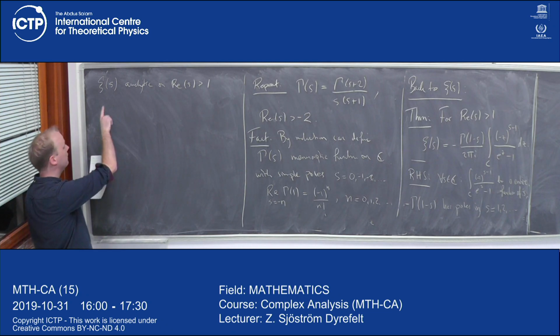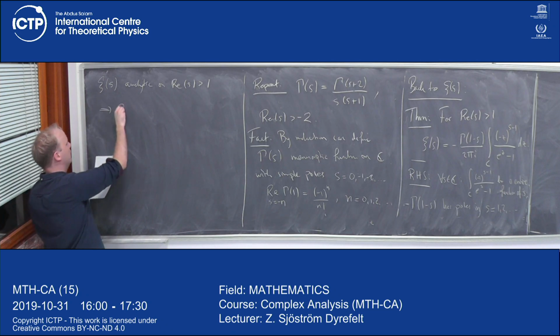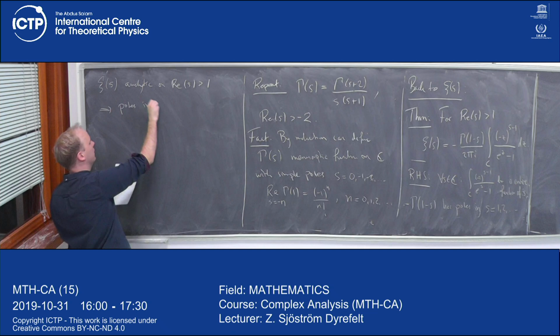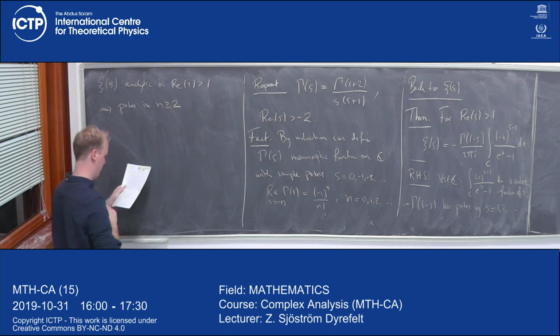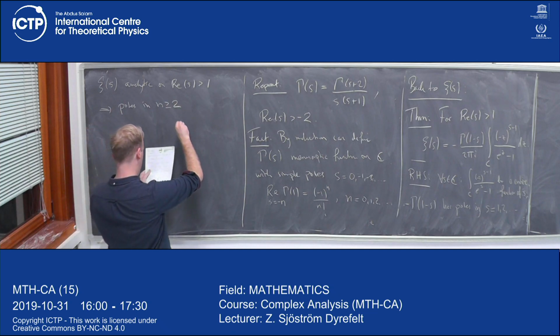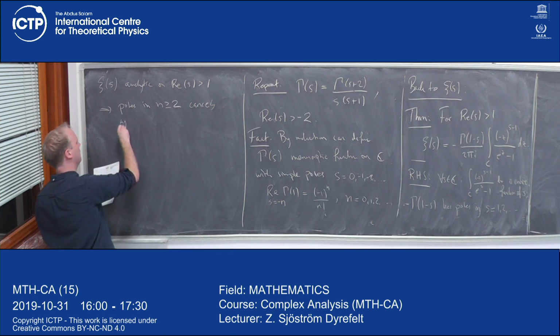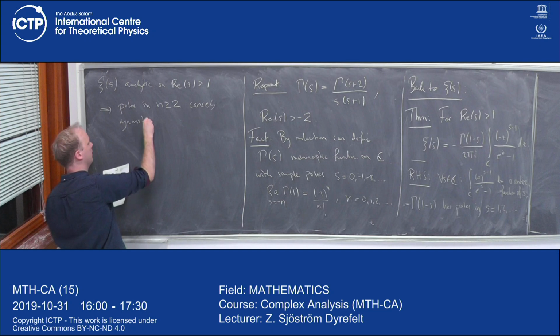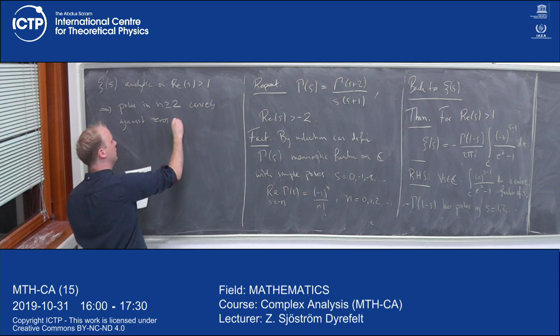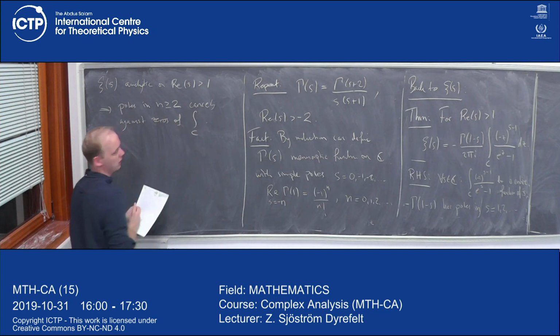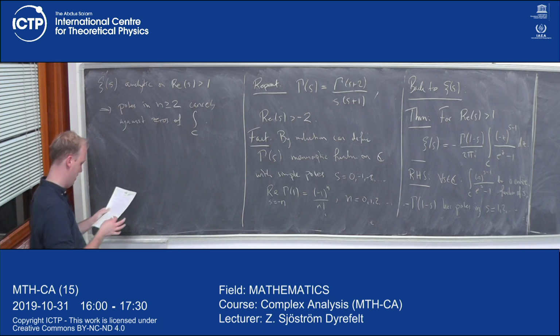Okay, so since it's analytic, it means that poles in all these natural numbers greater than 2 cancel against zeros of this integral part, okay?